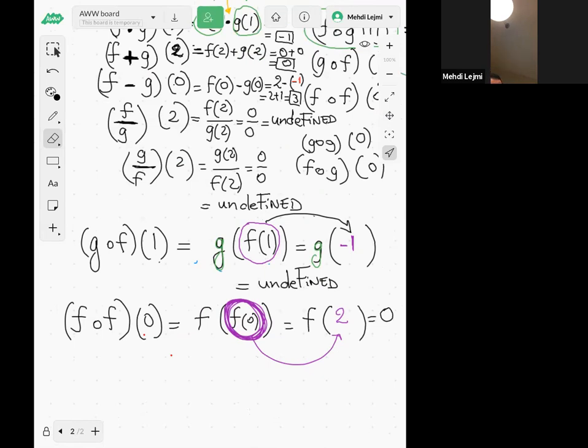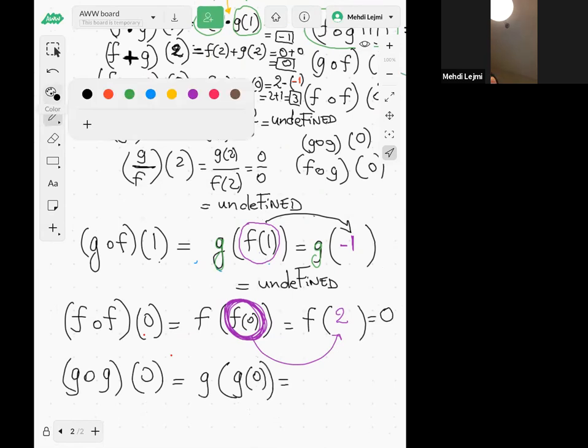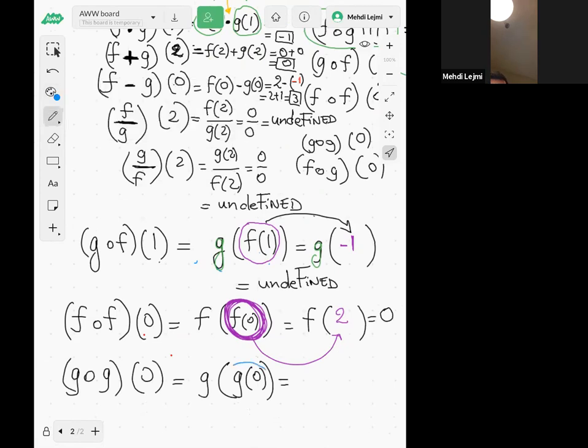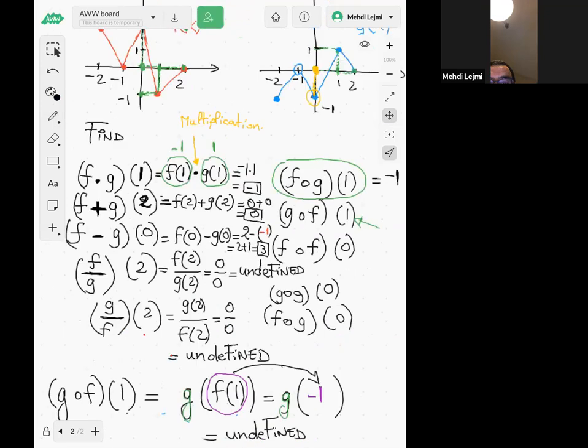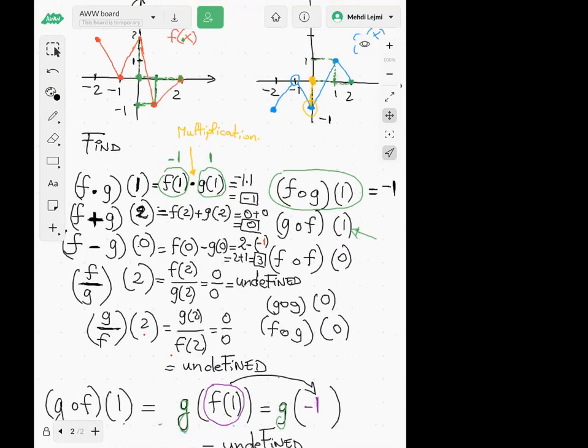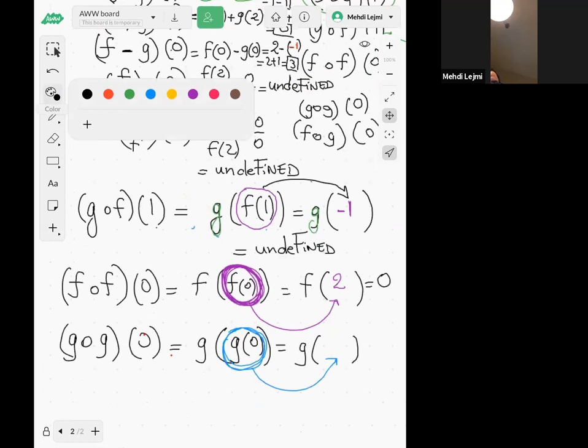Now g composed with itself of 0. So there's a g outside and there's a g inside the parentheses, and the x is actually 0. Let's find first what's inside the parentheses. Inside the parentheses, I have g of 0. Okay, and there's a g outside, and here's my parentheses. So inside the parentheses, g of 0 is -1.